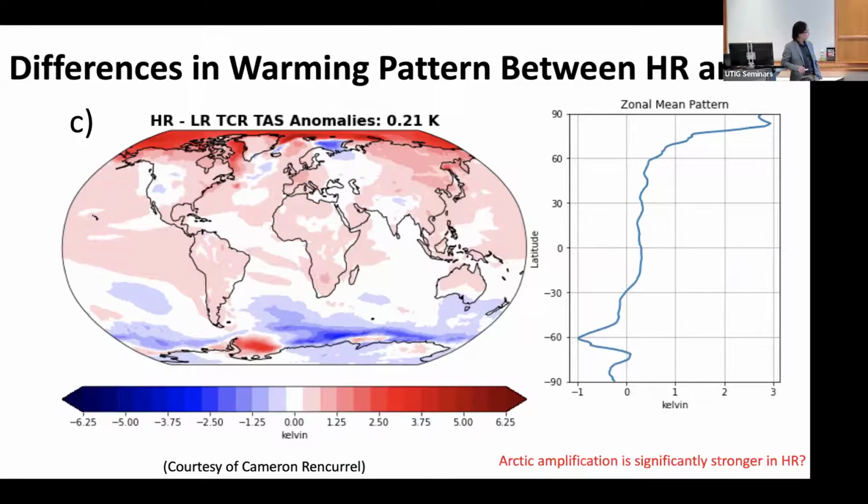So does that really mean that the Arctic amplification is significantly increased in the high resolution model, right? If so, why is that the case? So I'm going to show you two recent studies we did, focusing on both the high latitude Northern Ocean and also the high latitude Southern Ocean. And it turns out the high resolution model and low resolution model behave very differently.